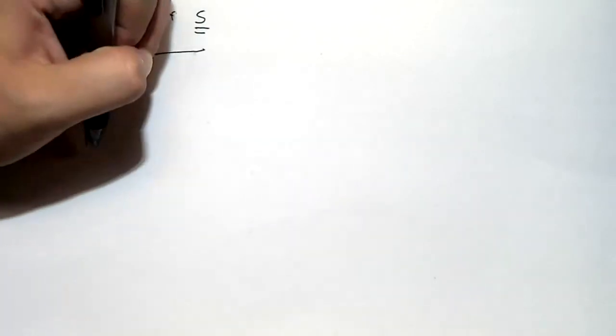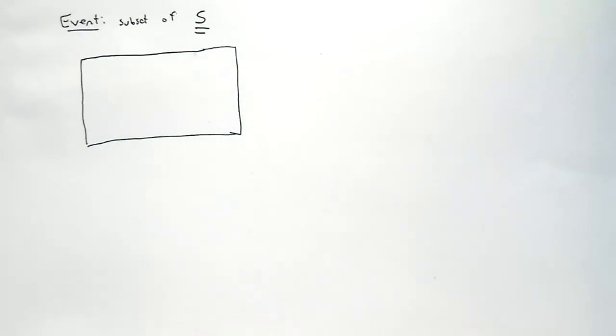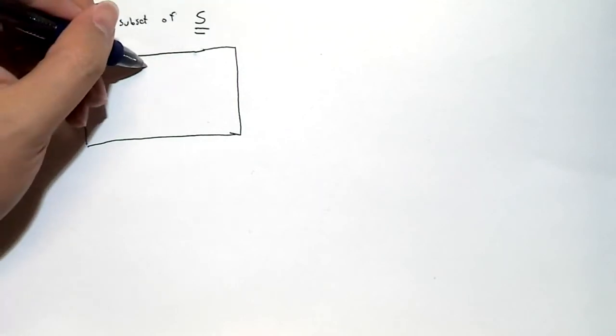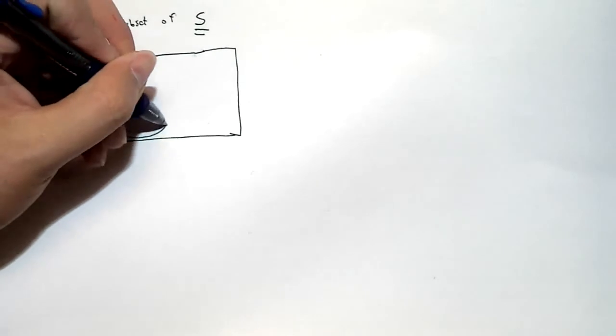Within a sample space, you can select different groups of your outcomes and lump them together into an event. Let's say that this box is my sample space S, and I can take an event of that sample space here.